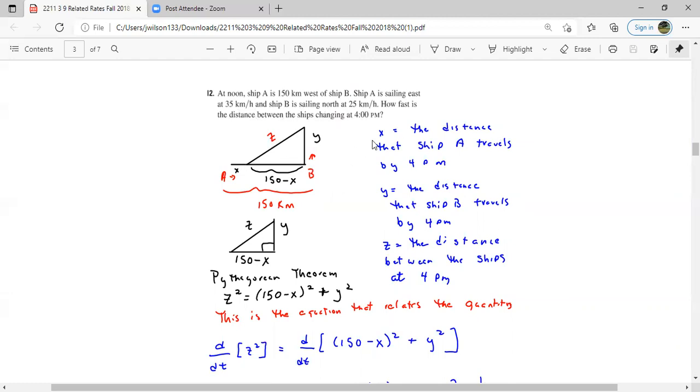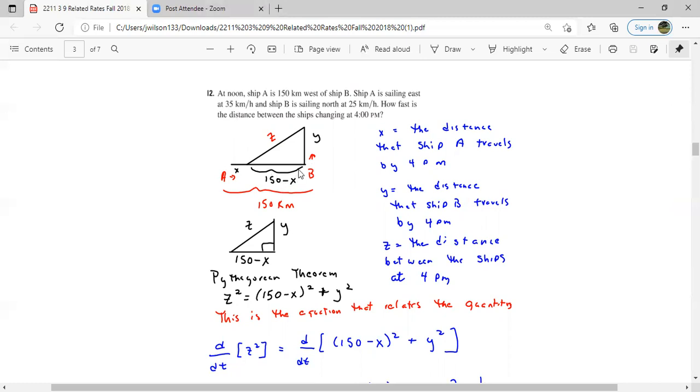x is the distance that ship A travels by 4 p.m. And so then, if it had been 150 and ship A is traveling this way and it's gone x kilometers, then this side is 150 minus x.